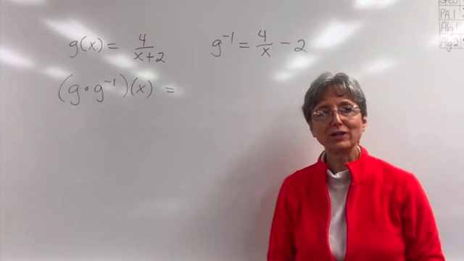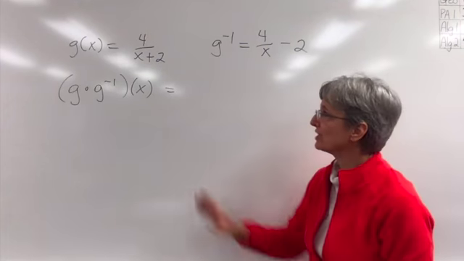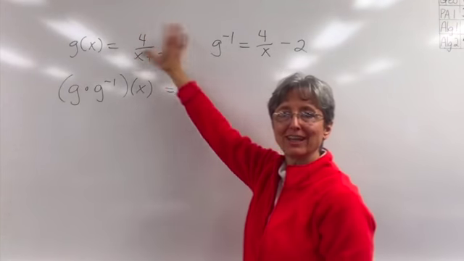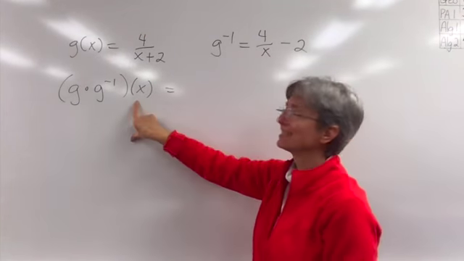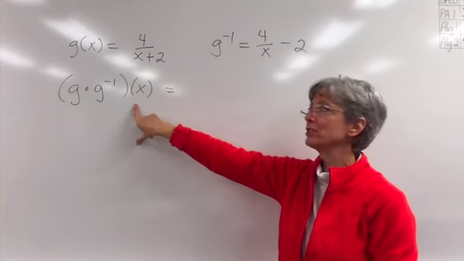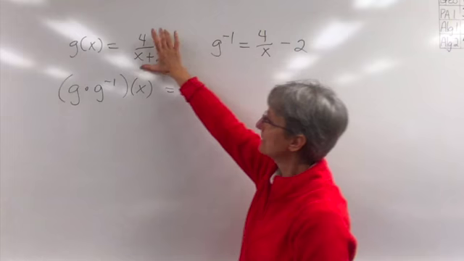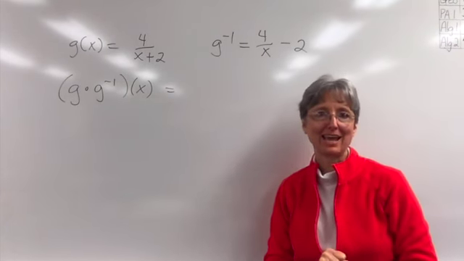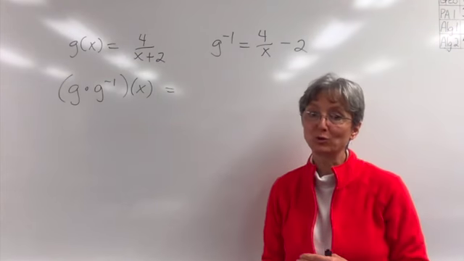All right, what I want to do is just put the inverse into g and see if I get x out. I'm not going to put in a number. Does one undo the other?